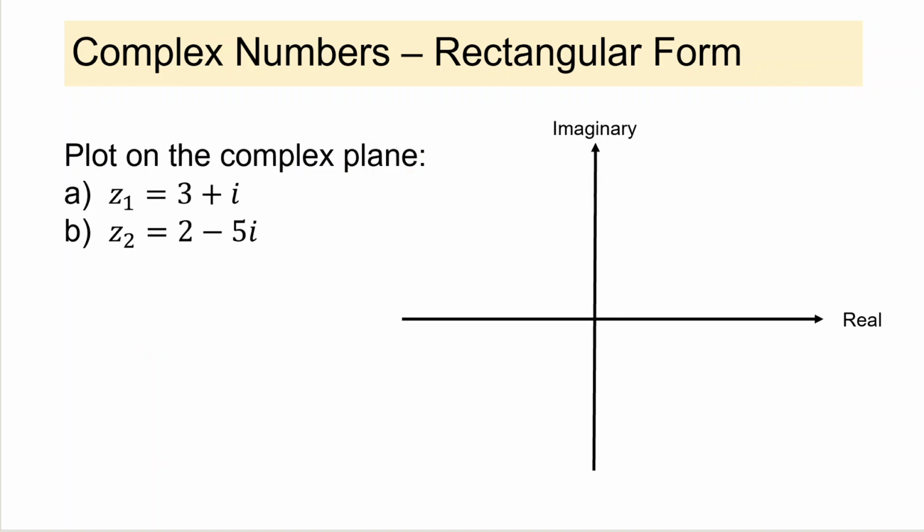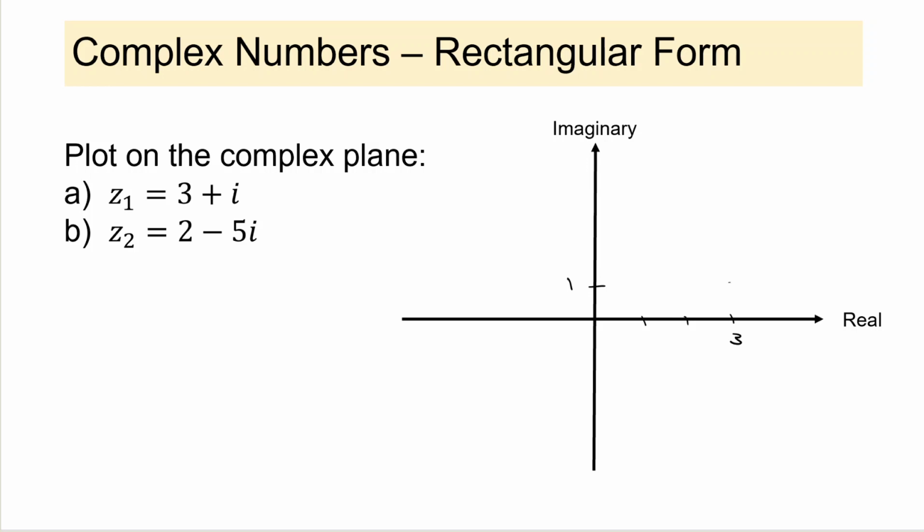Okay, so let's plot a couple complex numbers on the complex plane. So I've got z1 equals 3 plus i. So on the real axis, I've got 3 units over, and then my b is 1, right? The coefficient of i is 1, so that's my b.